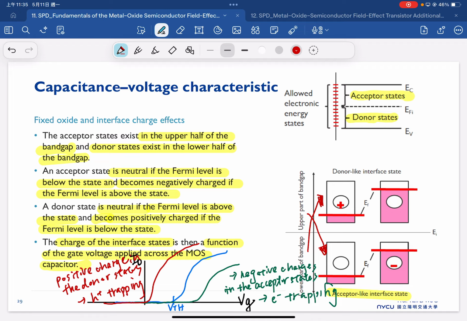So this trapping in the acceptor and the donor will always influence our IV characteristic, because our IV characteristic is shifted. That means we start to have a reliability problem, because it will not fit our original design. Our original design could be a threshold voltage at 1 volt, but now your threshold voltage becomes 2 volt, or your threshold voltage becomes 0 volt. Anyhow, if this doesn't fit our original design, that's always considered a reliability issue.